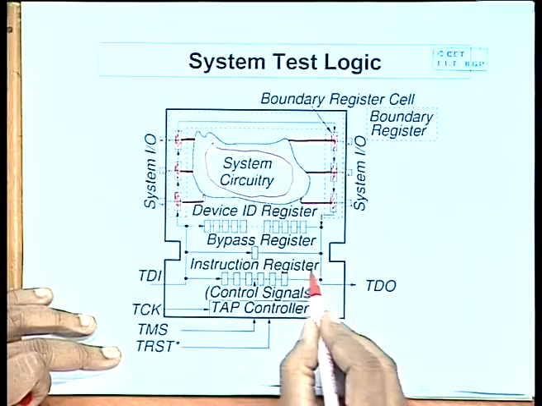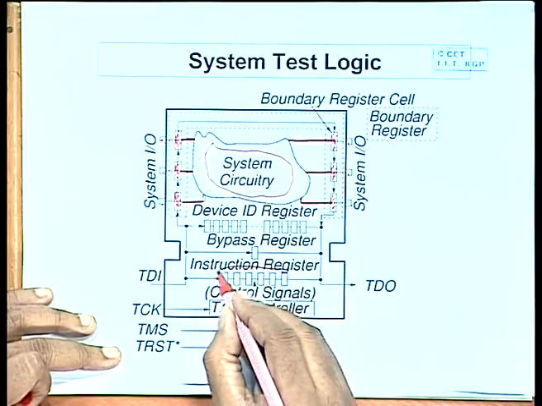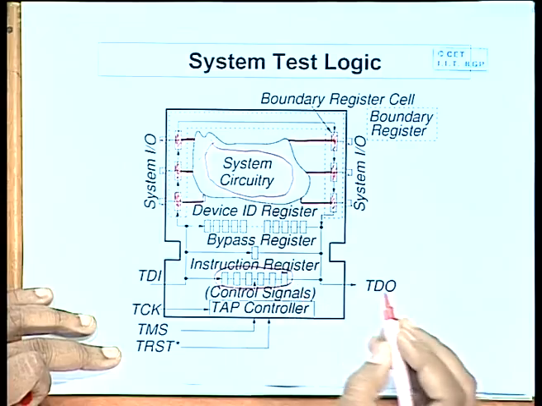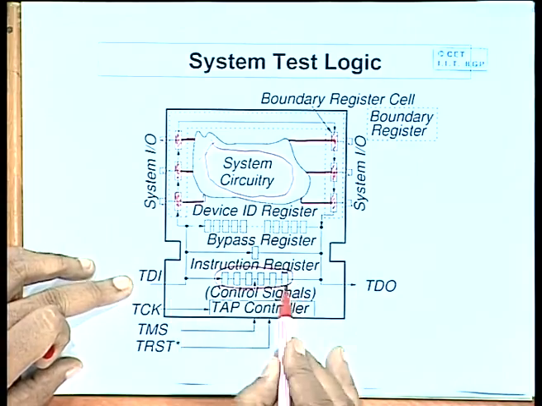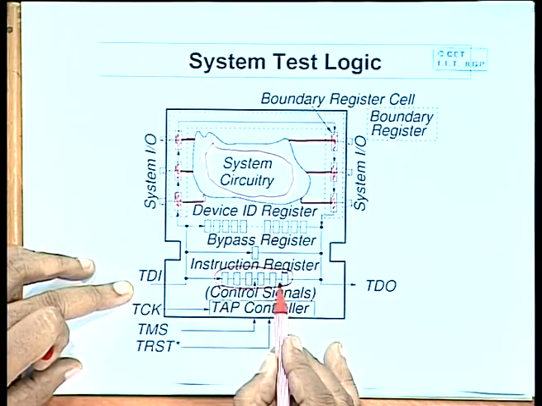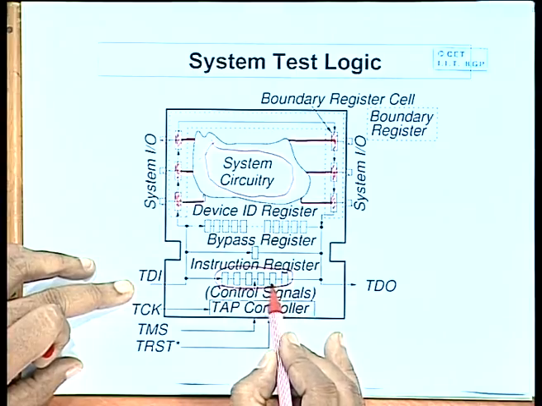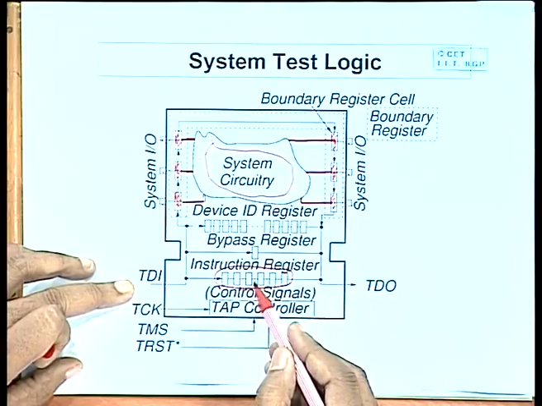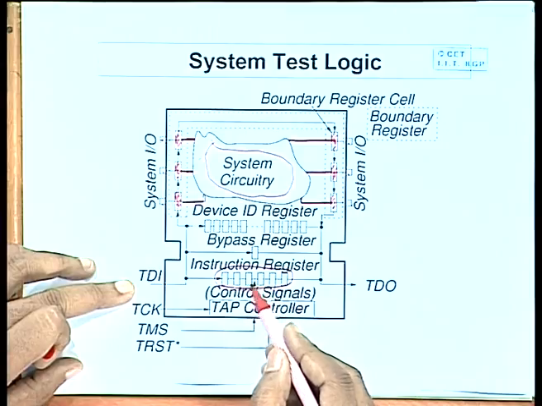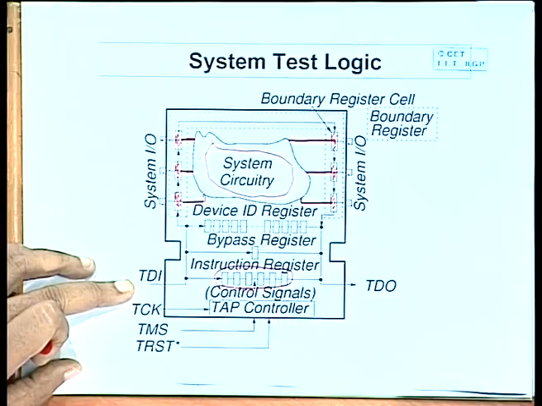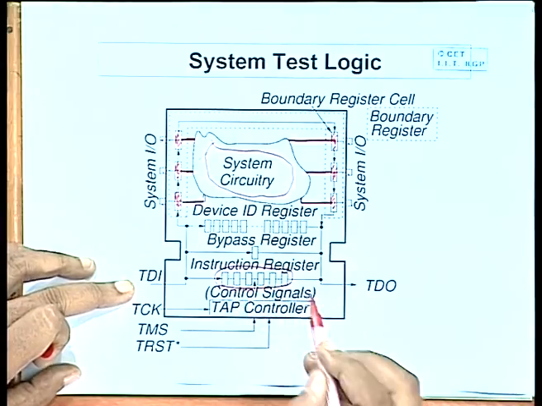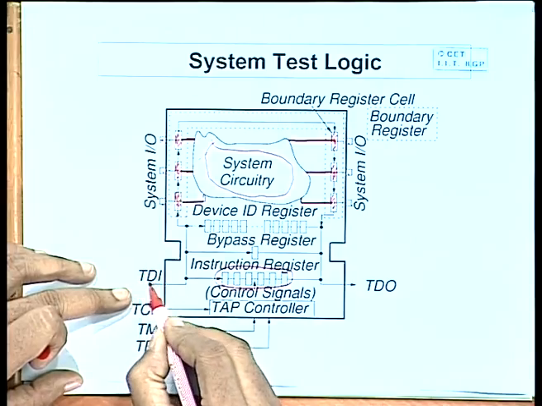Now, the instruction register is actually a register comprising of a few number of flip flops. Now, you can shift in some bit pattern here, and now depending on the bit pattern, the kind of instruction you are trying to execute, that will be interpreted and executed. This instruction register can be fed through this test data input.